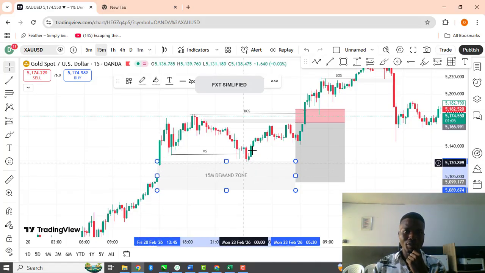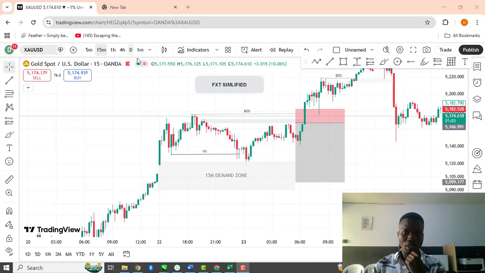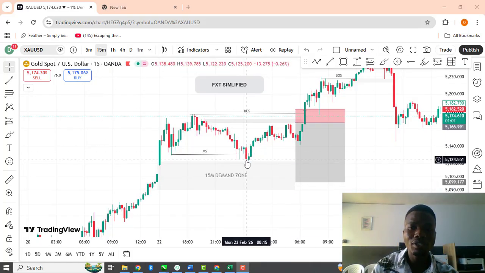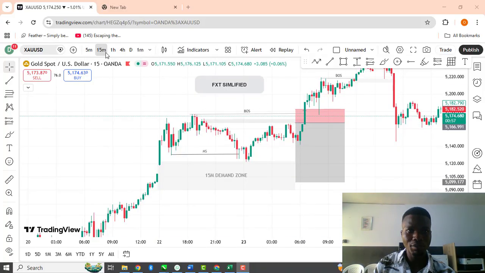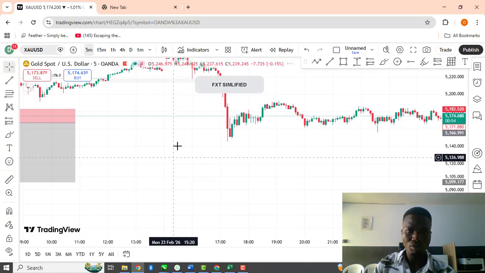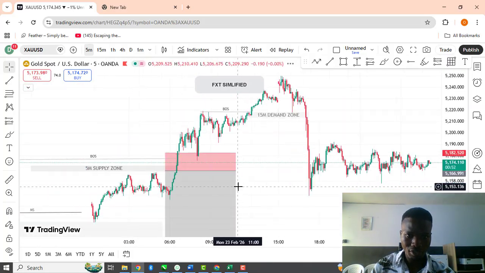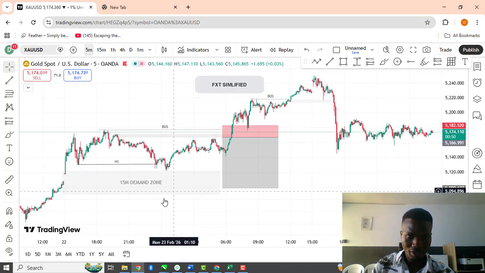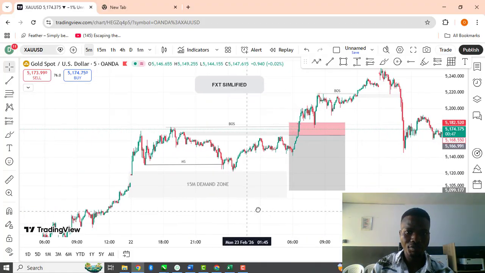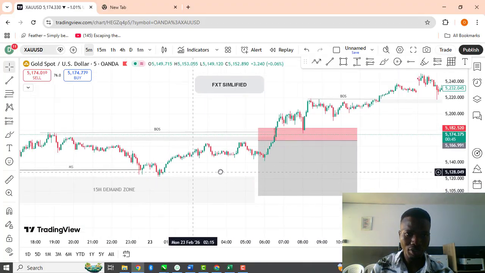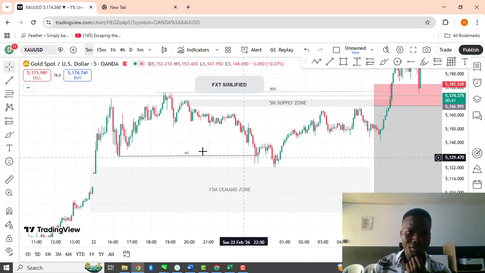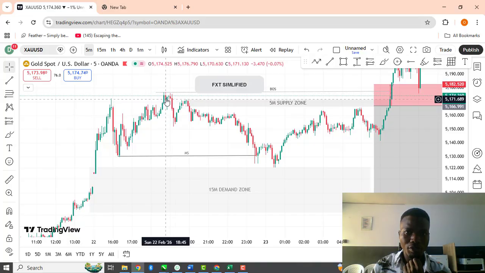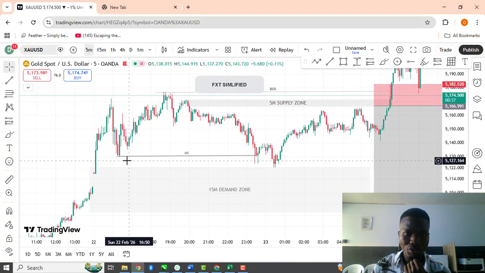So when price tapped into this gap, let us look at what created this momentum to the upside. Since this is our 15 minutes time frame, I'm going to go down to 5 minutes. On this 5 minutes, what I realized is that after price came all the way down, price eventually swept liquidity below this zone.